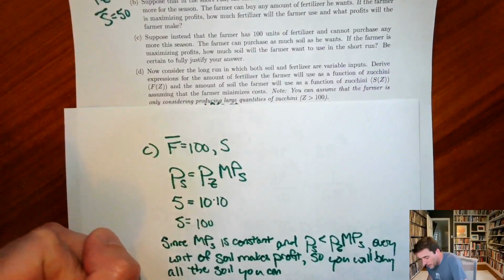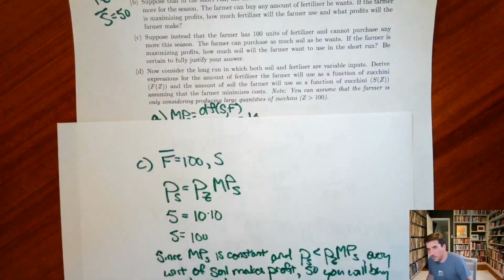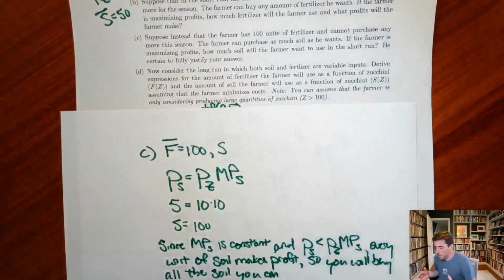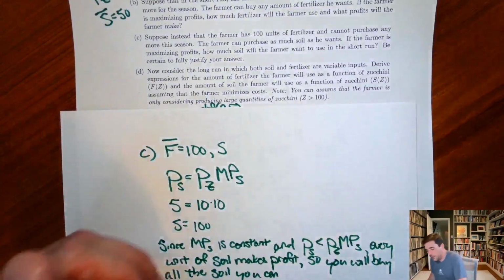So, in the long run, what are we going to do, right? Well, we want to switch between our inputs to balance them out so that they're equally productive in terms of spending an extra dollar on each one, right?